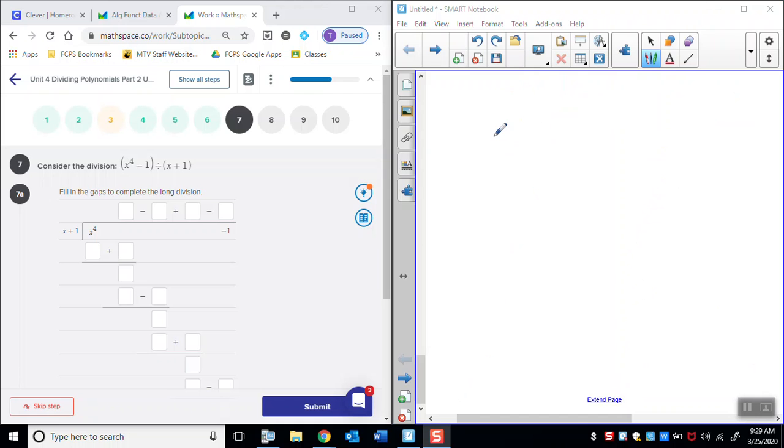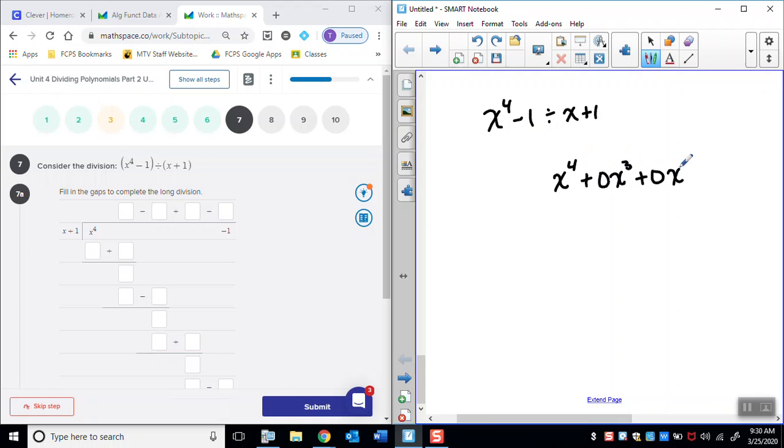So here, when we have x to the 4th minus 1 divided by x plus 1, when we write it as a long division, you know there's a big gap between x to the 4th and the 1. There are many terms here that are missing. So what are the terms that are missing? You have the x cubed term that is missing, but I'm going to put a 0 because we don't have it in here, so we can just write it out using a 0.